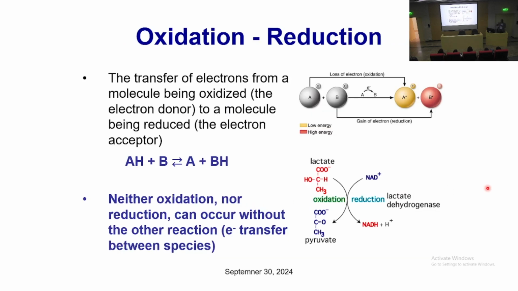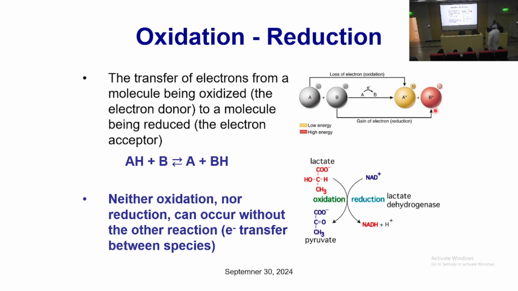So we go into more detail on this. In the oxidation reduction reaction, what happens is that we transfer an electron from the molecule being oxidized, which is molecule A, to the molecule being reduced, which is molecule B. So molecule A lost the electron, became positive and oxidized, and molecule B accepts this electron.